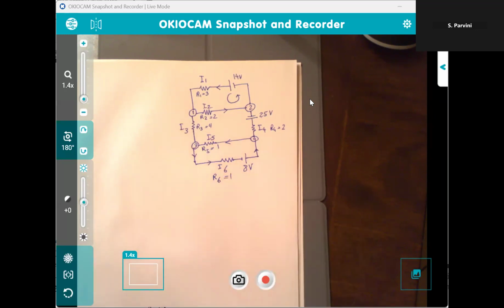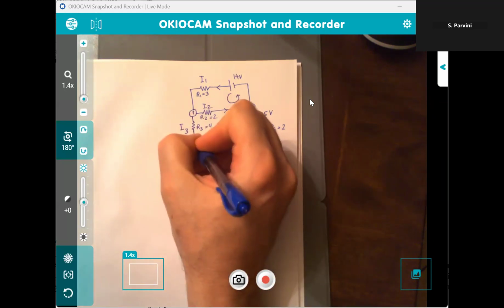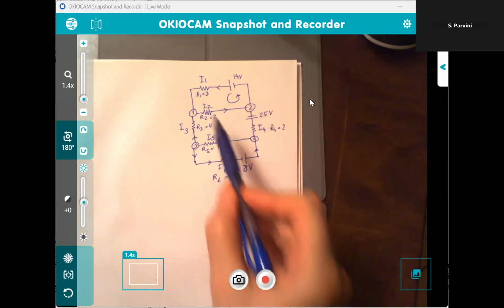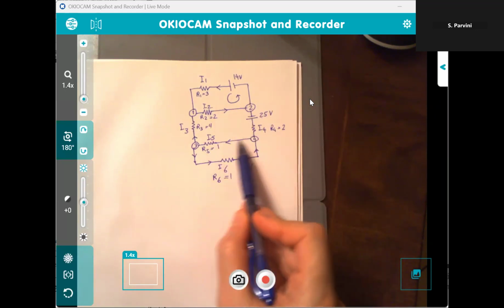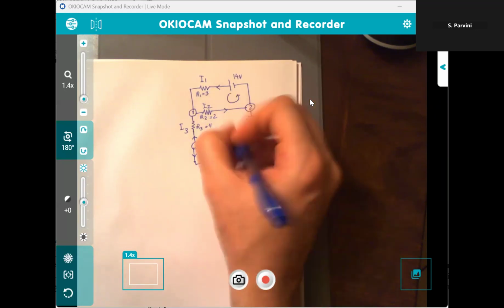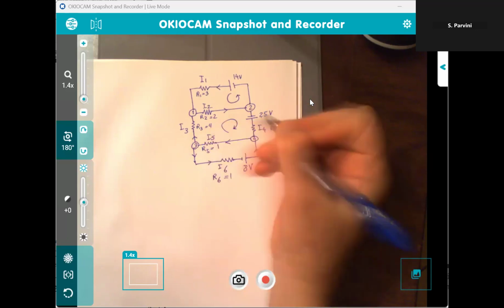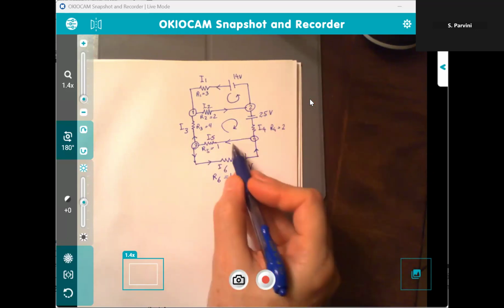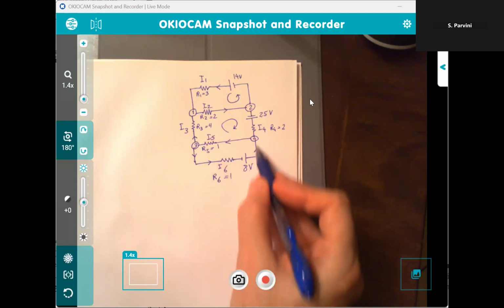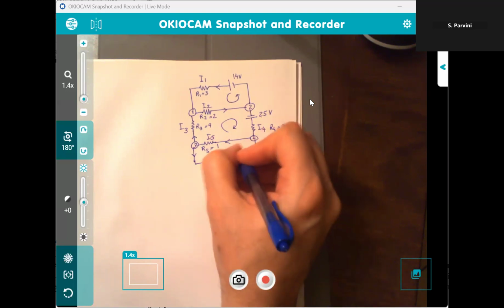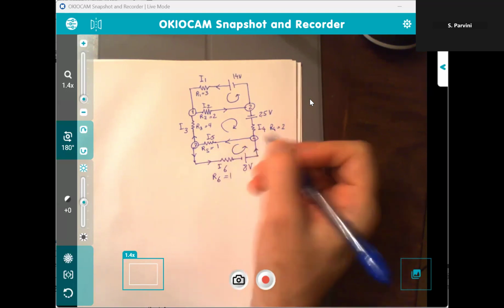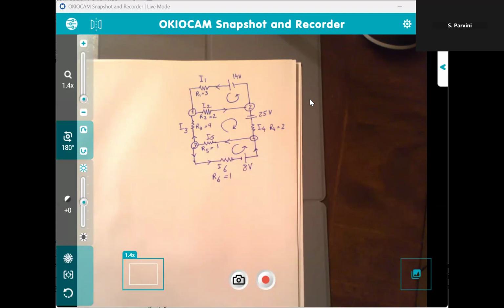And I believe, yeah, there is an arrow here. Sorry, I left it out there. That's how we know. So it goes to the right, goes through, turns left, goes back up. So that flow is in a clockwise direction. And finally, this one is clearly in a counterclockwise rotation. So that's just the flow of current through this network.